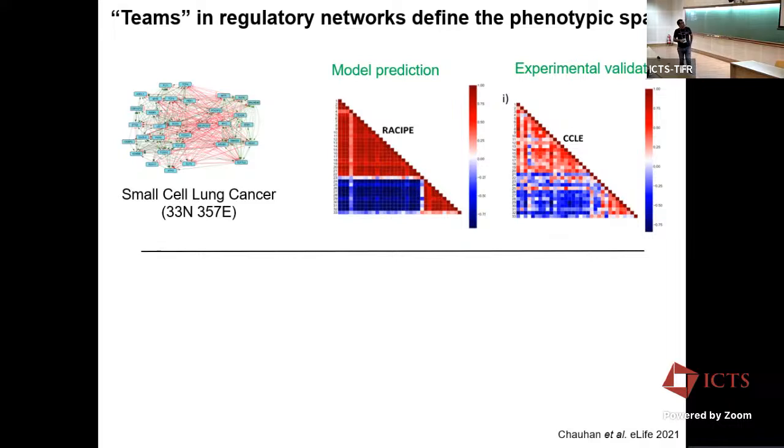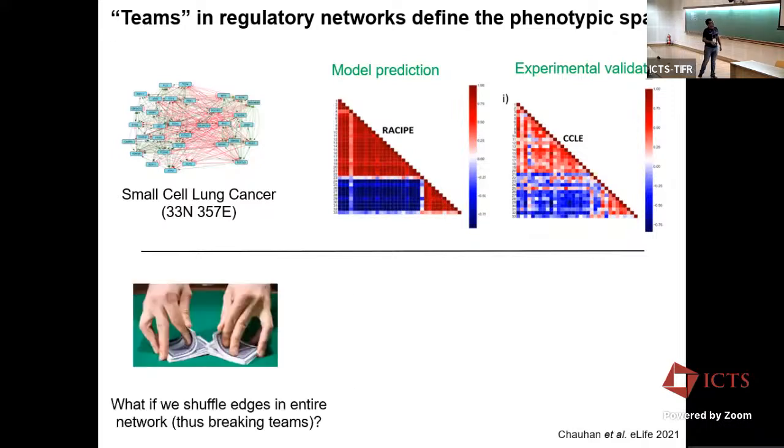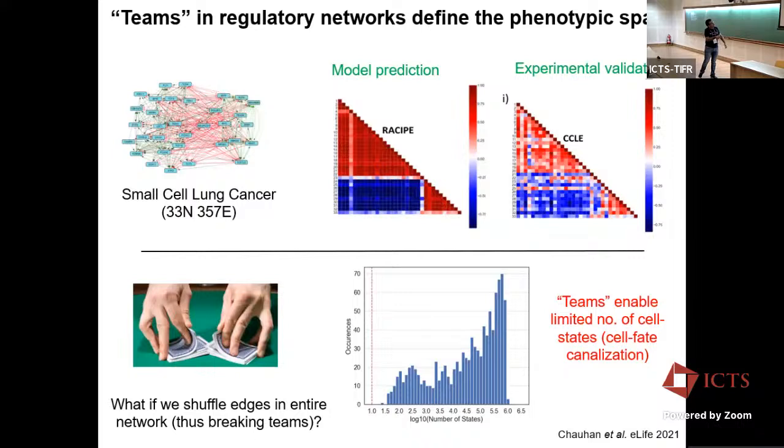When you do that, we actually saw that this particular network, which could have had 2 to the power 33 solutions, has only 4 solutions, from 2 to the power 33 to 2 to the power 2. And when you take this network and you shuffle the edges, so create random, non-biological, hypothetical networks, what is the distribution of the number of states?